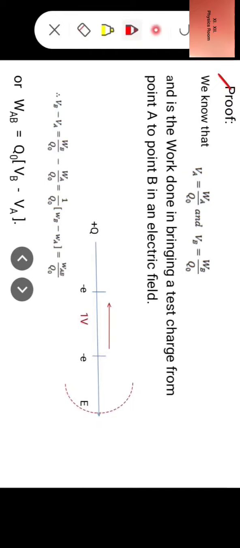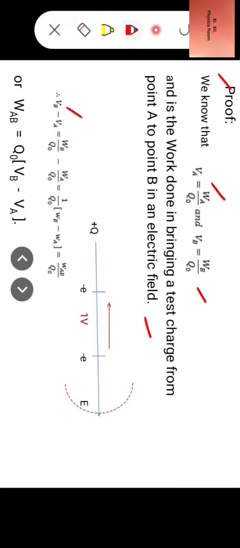And now proof. We know that VA is equal to WA by Q naught and VB is equal to WB by Q naught, where W is the work done in bringing a test charge from infinity to the point in the electric field.